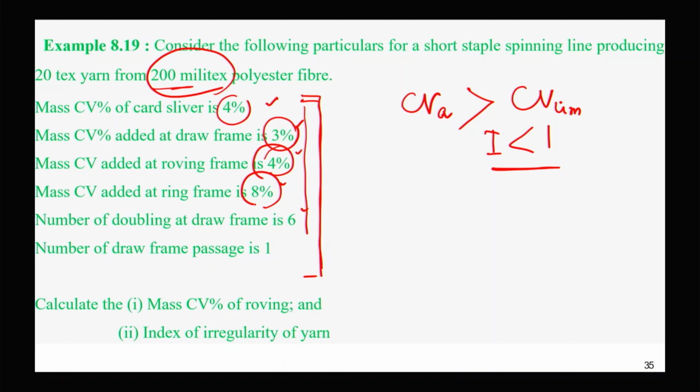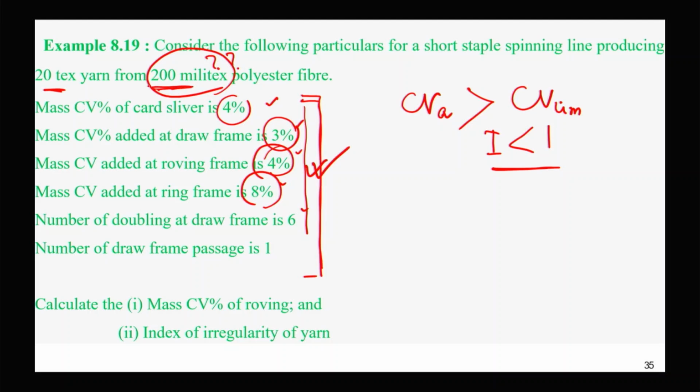That is our experience, so we can consider this correct. Then the tex of the yarn which we are producing may be correct. Then some problem may be with the millitex.